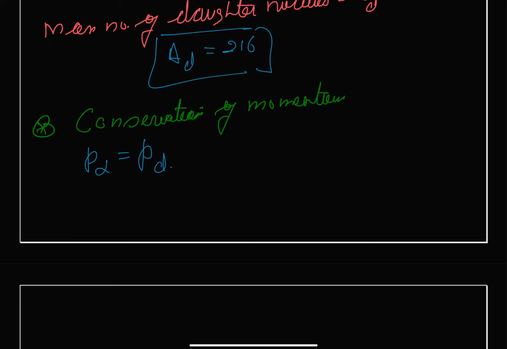We already know the relation between kinetic energy and momentum, that kinetic energy K is equal to momentum square divided by 2m. So kinetic energy of the alpha particle is p alpha square divided by 2 mass of alpha, and kinetic energy of the daughter is p daughter square divided by twice mass of daughter.